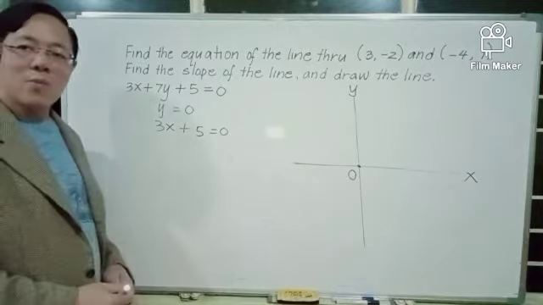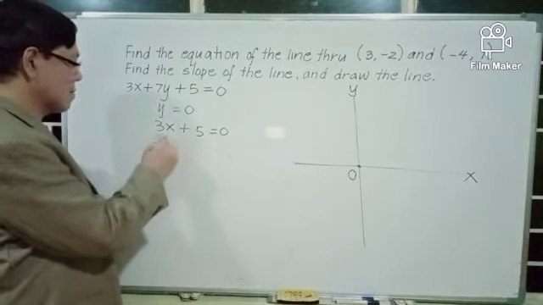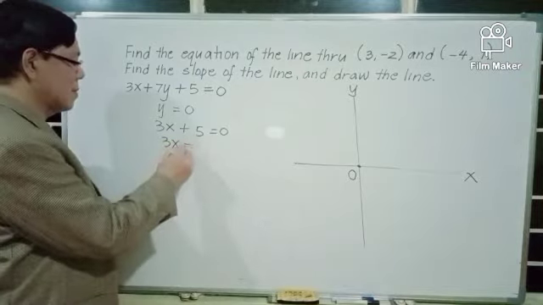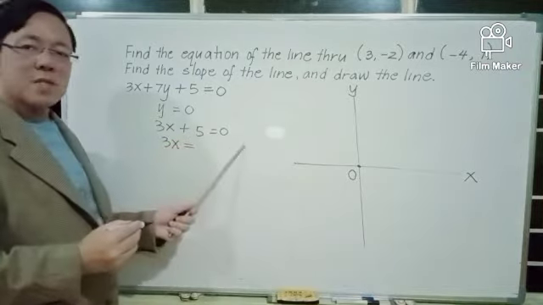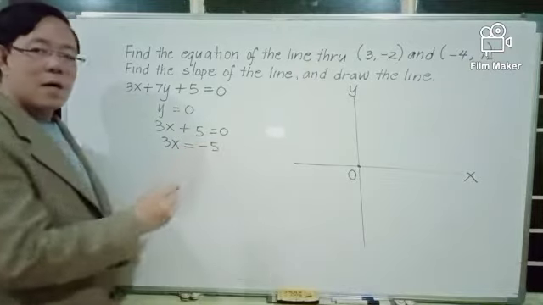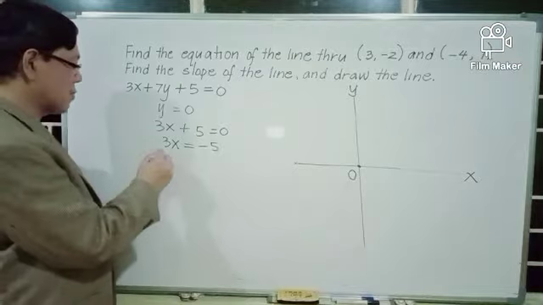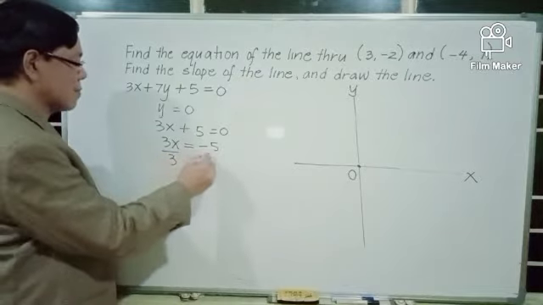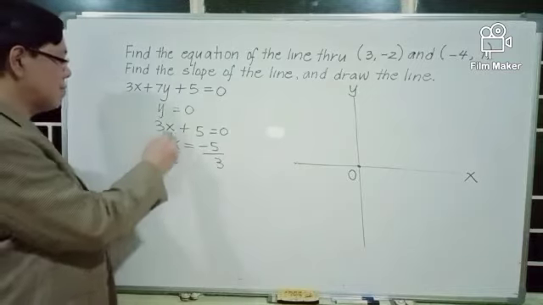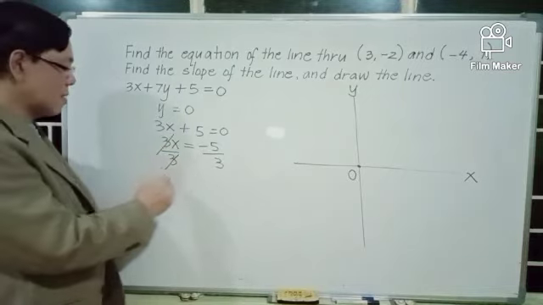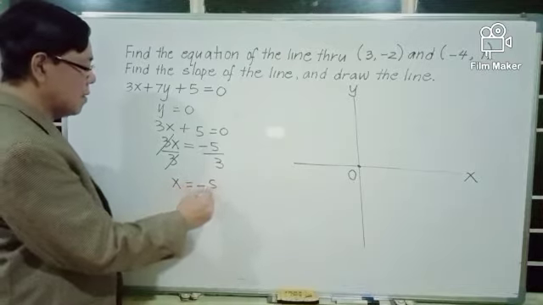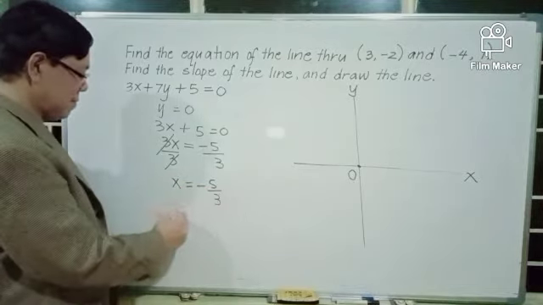At the left-hand side, we have 3x equals positive 5 transposed to the other side, -5. And divide both sides of the equation by 3. And 3 will cancel out from the left-hand side, and we get x equals -5 over 3.